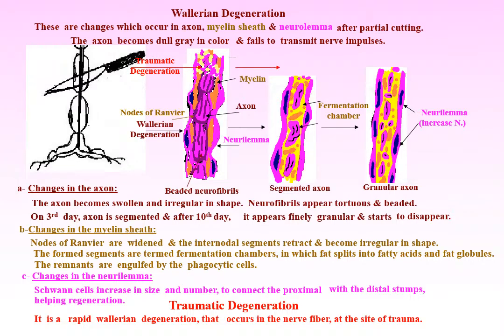Traumatic degeneration is a rapid Wallerian degeneration that occurs in the nerve fiber at the site of trauma. Transneuronal degeneration.